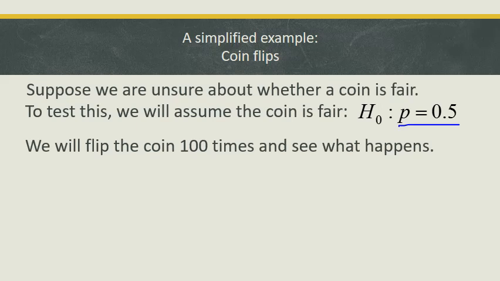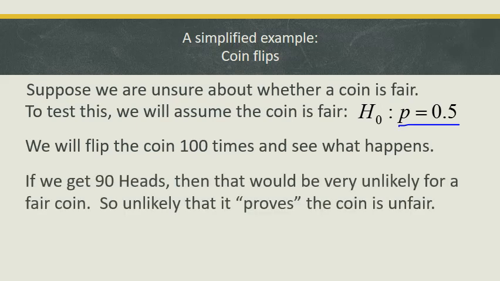These coin flips are our sample of observations. If we get 90 heads, then that would be an extremely unlikely outcome if the coin were really fair. It is so unlikely that it is simply unbelievable for the coin to be fair, and it statistically proves that the coin is not fair, that the probability of heads is not 0.5.